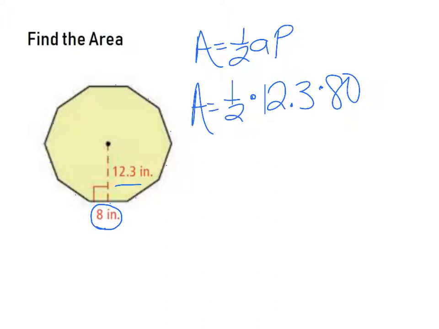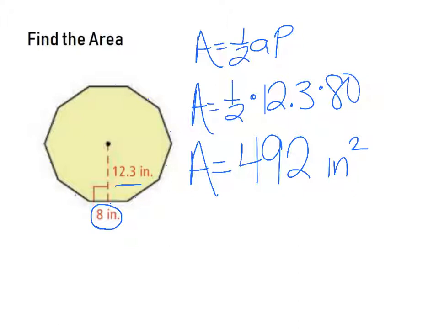Don't type it in your calculator. This one had a decimal. I'm guessing they would want a decimal on this. I'm just going to go 0.5 times 12.3 times 80 gets me 492. The area of this decagon is 492, and then its area, so it's going to be inches squared.